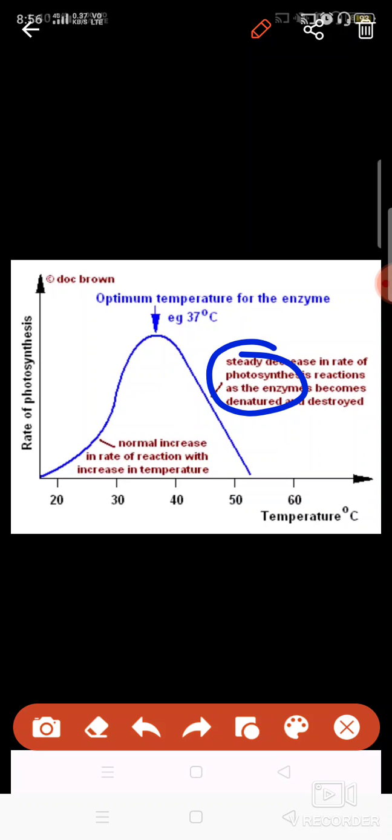So as we increase the temperature from 37 to 40, then 50 and more and more, the rate of photosynthesis will also decrease.